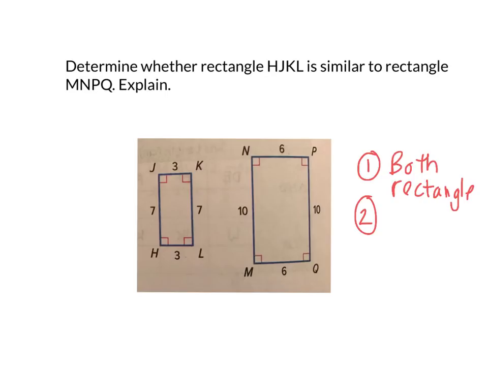Our second criteria is, are the corresponding angles congruent? Meaning, are they the same? Well, if I look here, all of my angles are 90 degrees. So yes, my angles are congruent.